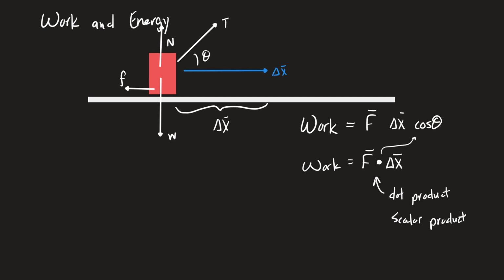We are assuming two things here with this definition that we will not be able to assume for very long. We are assuming that the force is a constant, the displacement is a constant, and the angle is a constant. Now, the displacement is going to be a value, but we are assuming that the force and the angle of that force are the same throughout the entire displacement. That's what this assumes.